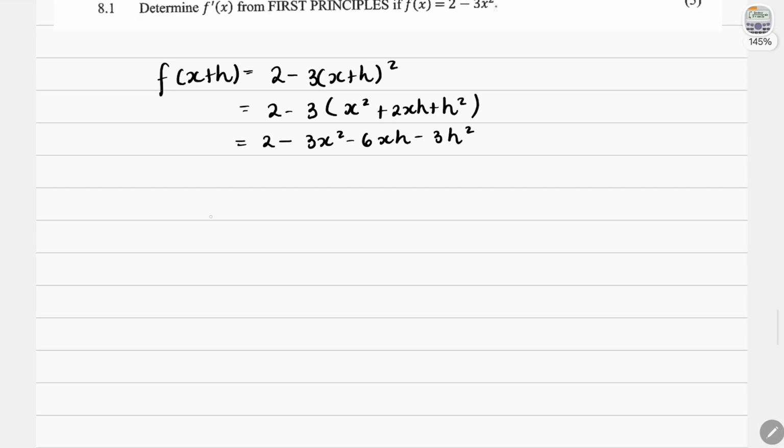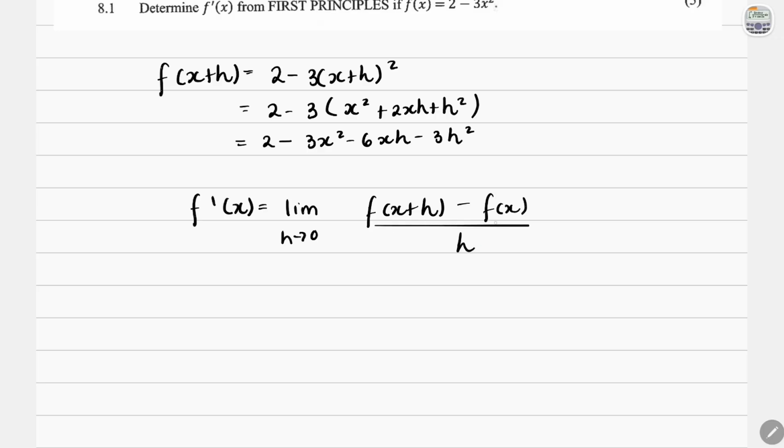Okay, and here is our formula to find f prime of x from first principles. So it's equal to the limit as h approaches 0, and we have f of x plus h minus f of x all over h.